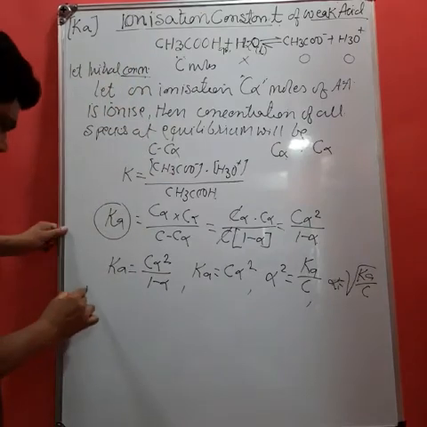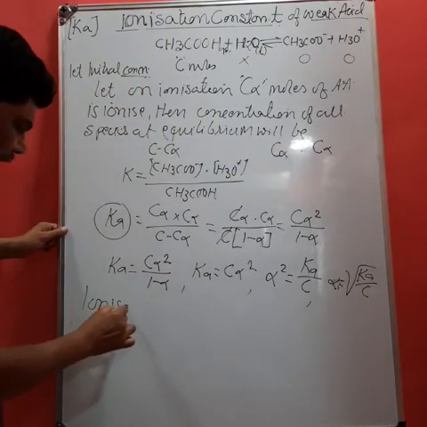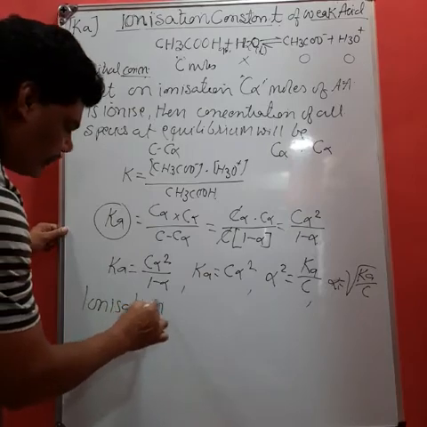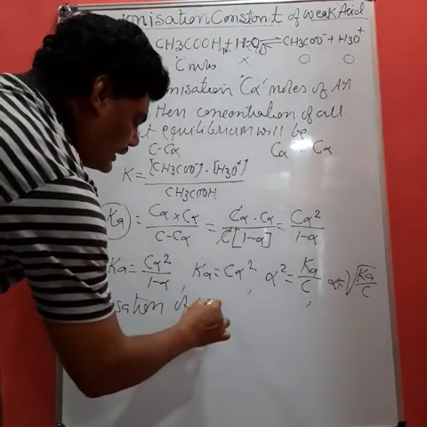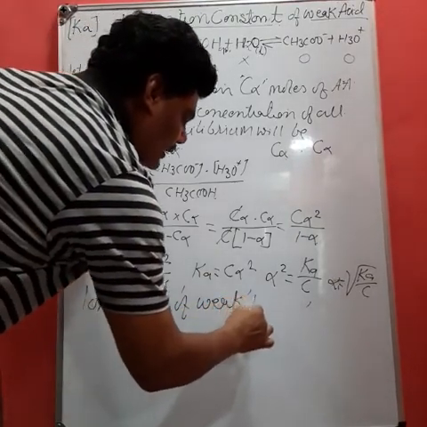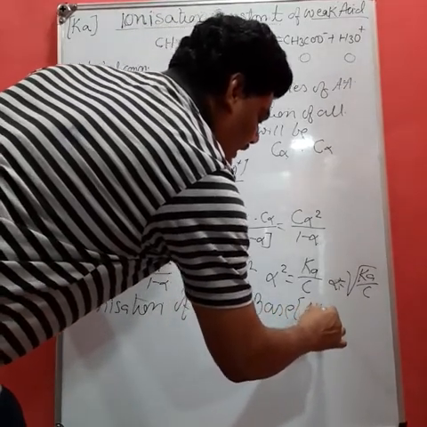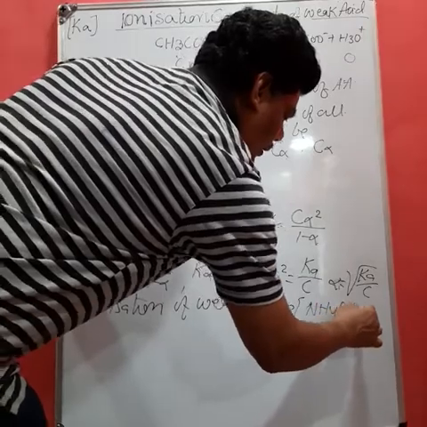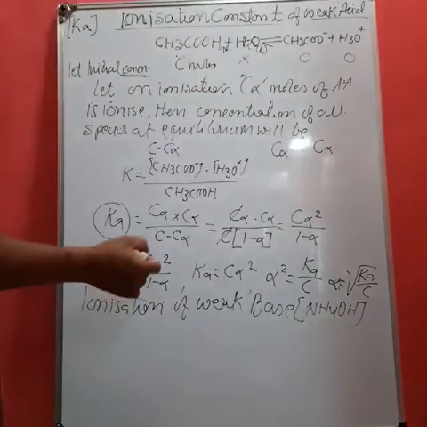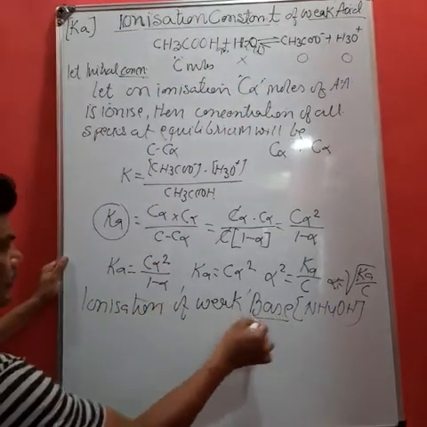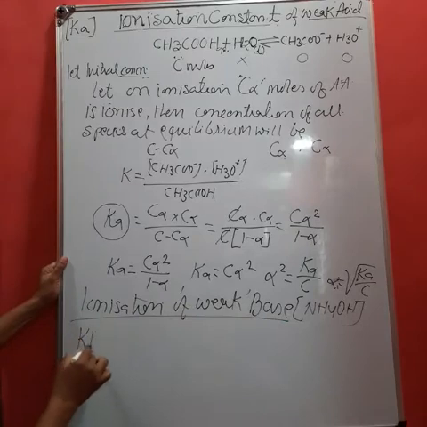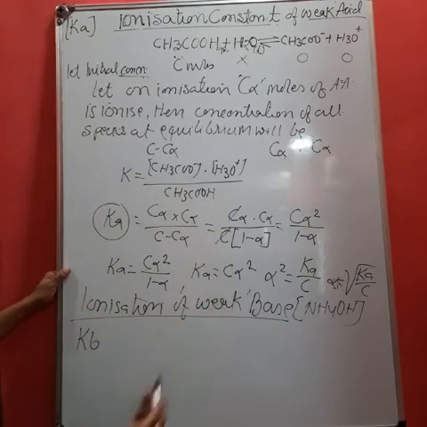Similarly, student, we can find one more thing: ionization of weak base. Suppose we took the example of NH4OH. The ionization of weak base can be given by Kb. So apply the same way.